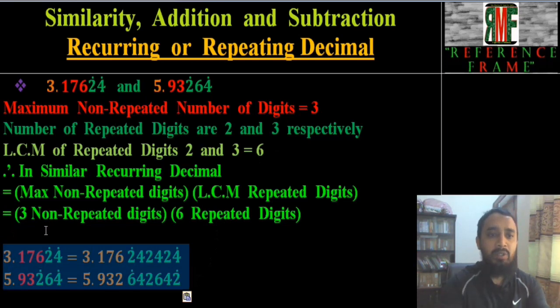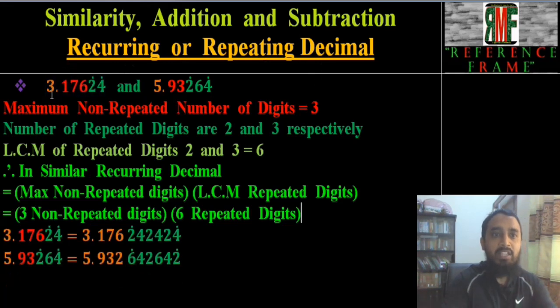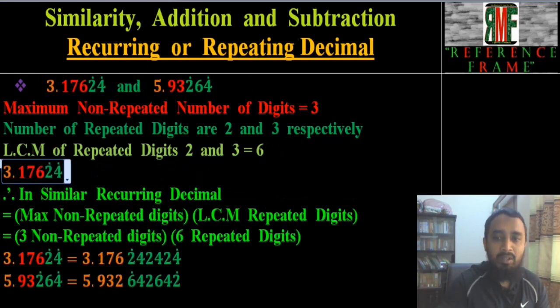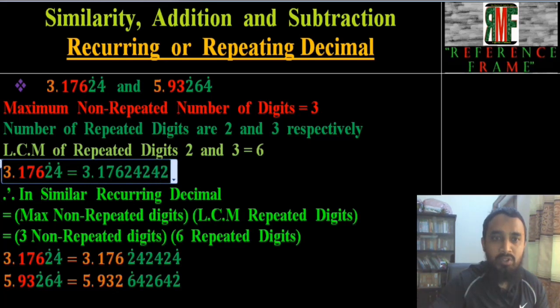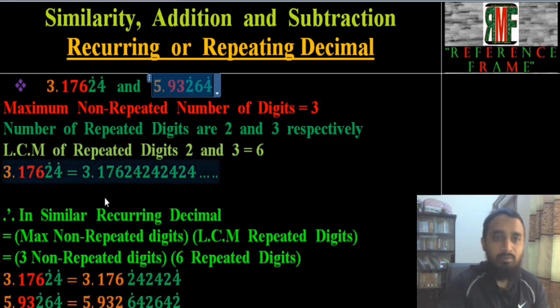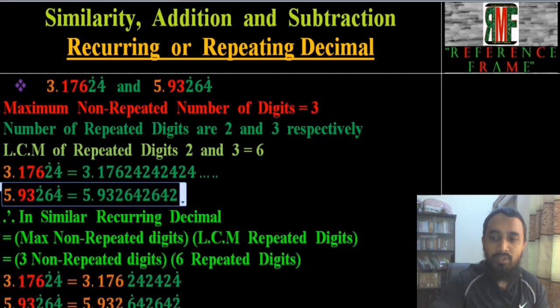Dealing with the first decimal now, it could be written as 3.17624242424, continuing, and the second one could be written as 5.93264264.